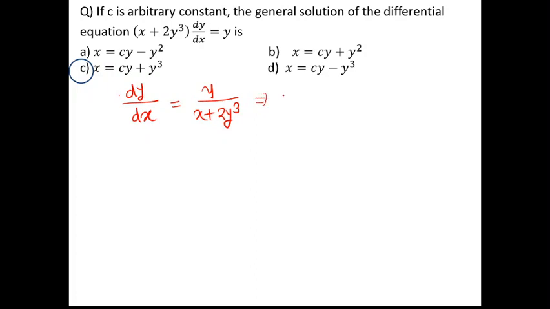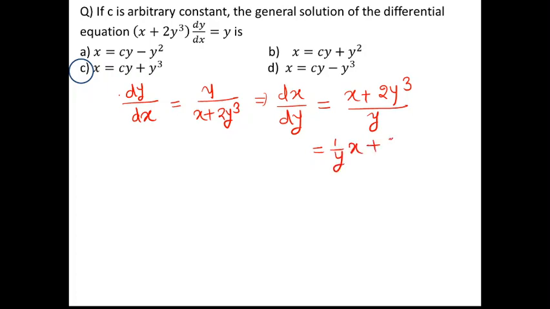So let's write it as dx by dy, so that the terms in addition will go in the numerator. So we have x plus 2y cube upon y. Now we can separate this. So we have 1 by y times x plus 2y square, while separating the numerator. So dx by dy is equal to this.